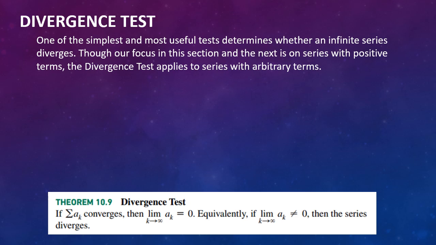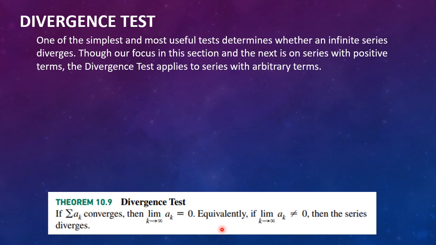It says that if a series, the summation of a sub k, converges, then the limit as k goes to infinity of a sub k is equal to 0. So a sub infinity is equal to 0, meaning that it's leveling out. It's not growing more, and that would be the idea of convergence.